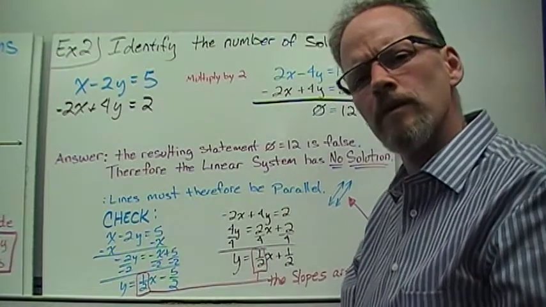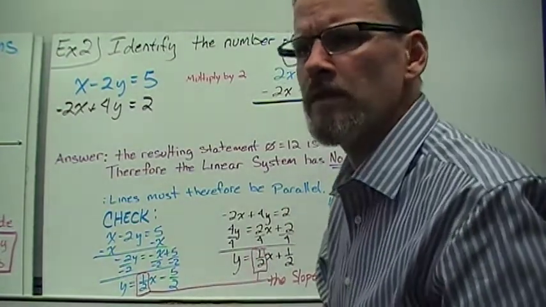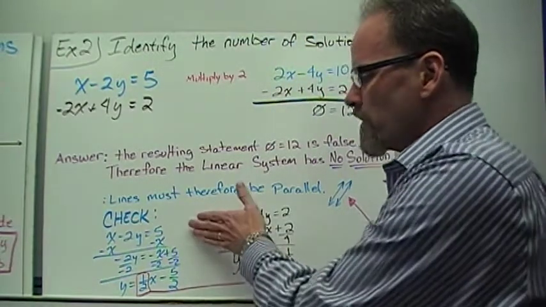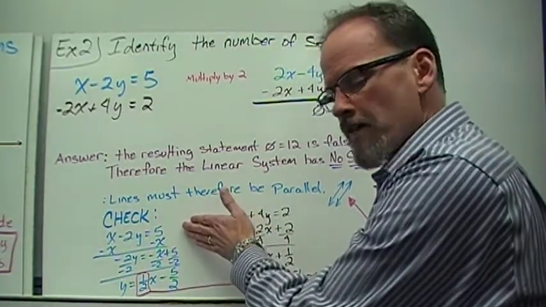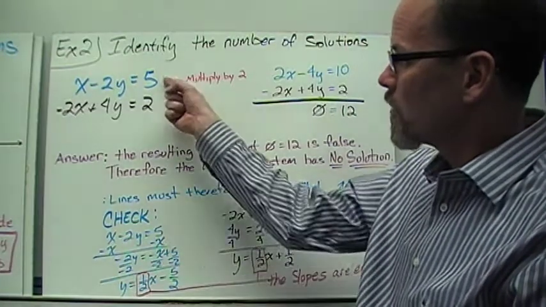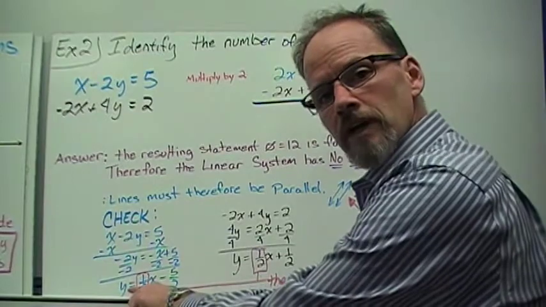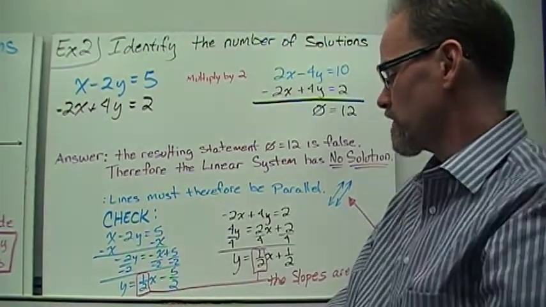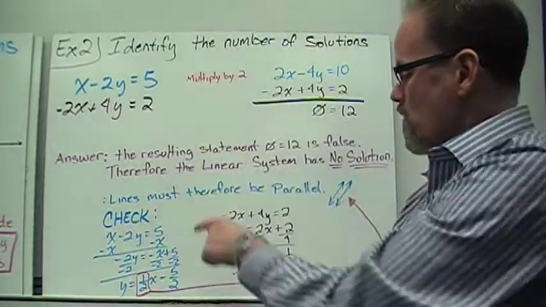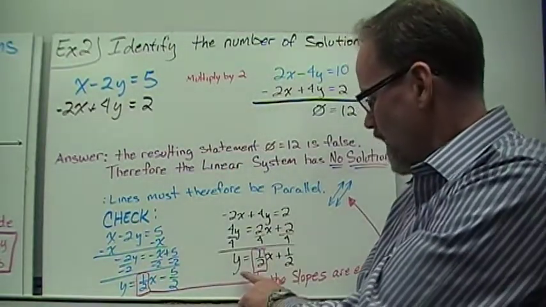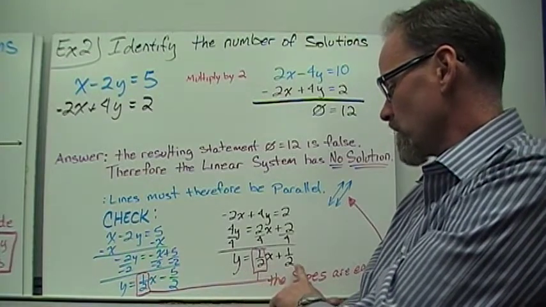Let's just see. How do we know if a line's parallel? It's because the slope is going to be the same for each equation. So I'm going to put both of them in slope-intercept form. When I do that, I find that number 1 is y equals 1/2 x minus 5/2. When I converted the second one into slope-intercept form, I got y equals 1/2 x plus 1/2.